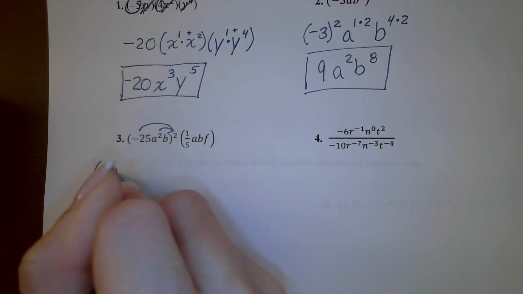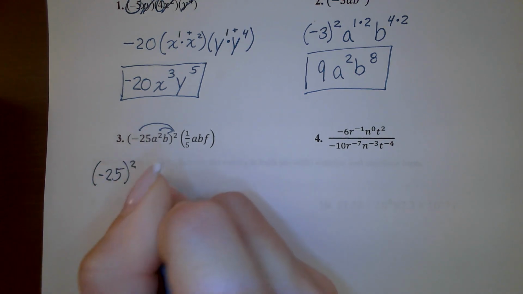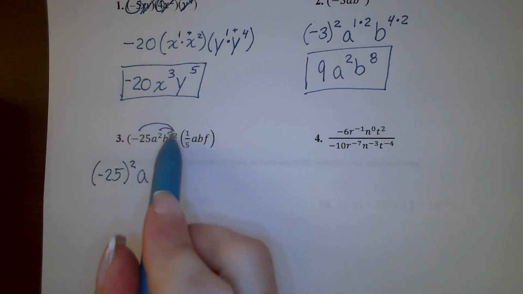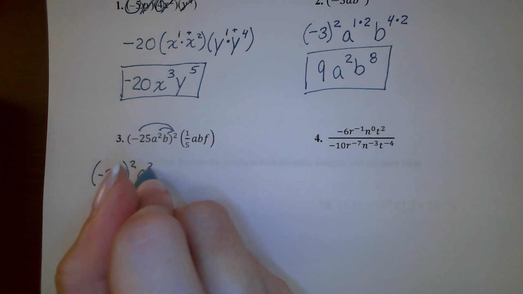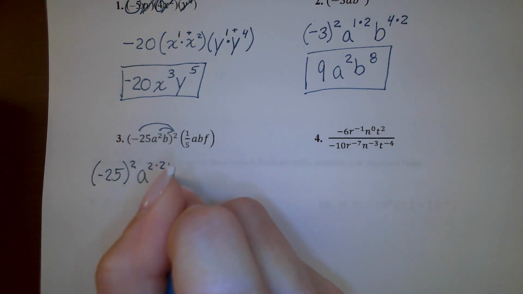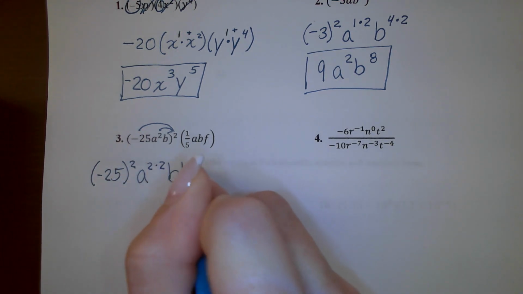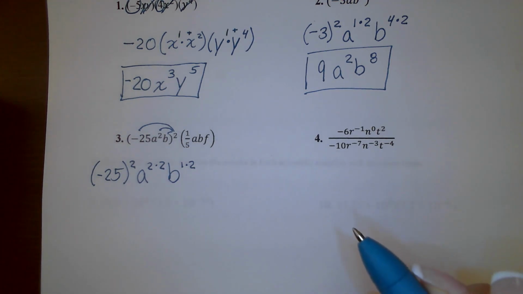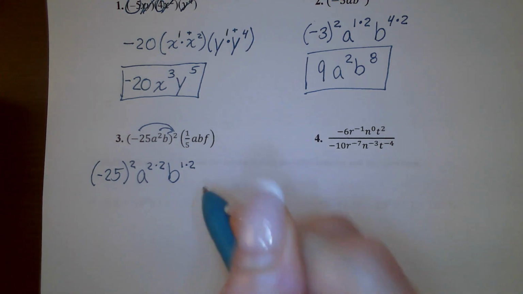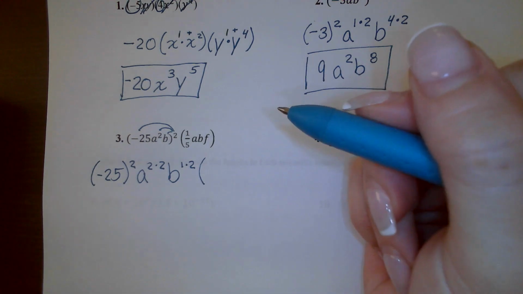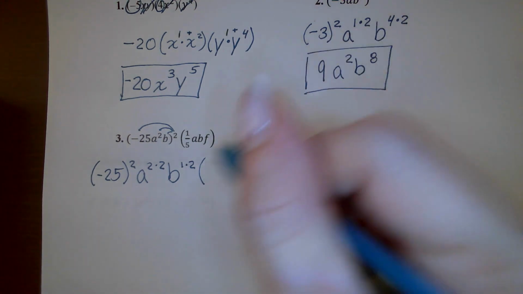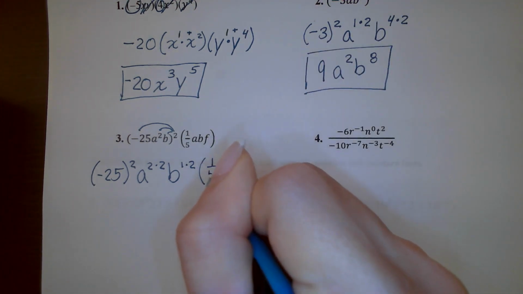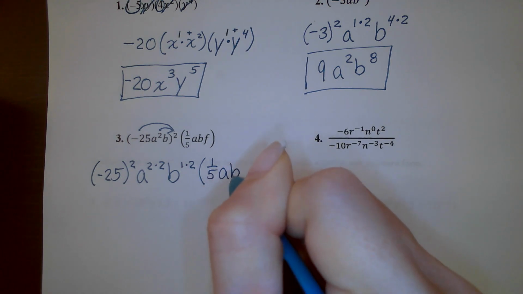That will become negative 25 squared, a, now when I'm distributing, I multiply, so that'll be 2 times 2. And then b to the 1 times 2. Now, the next term didn't have any exponents, so that's just going to stay 1/5 a, b, f.